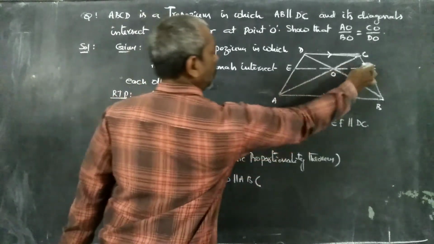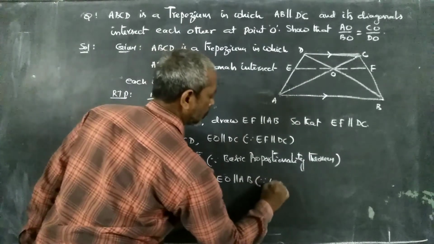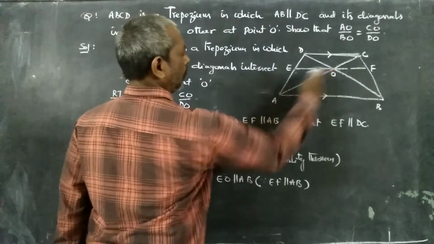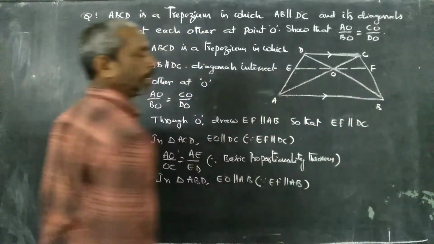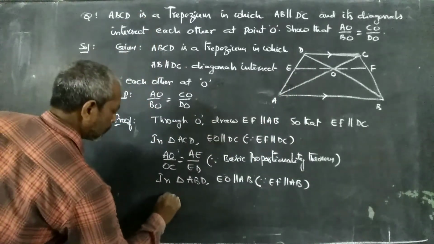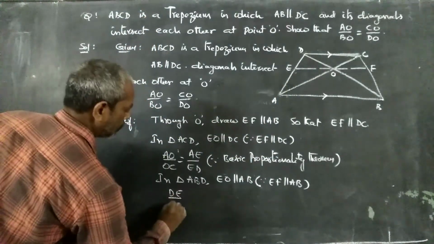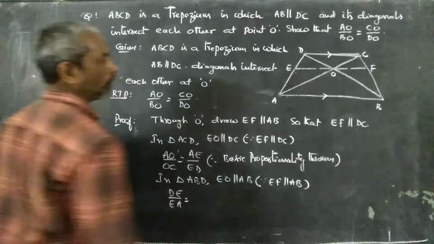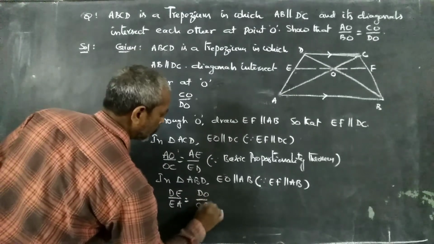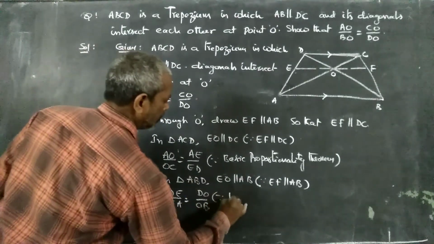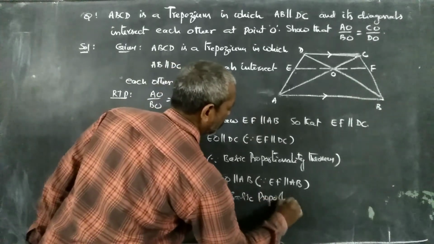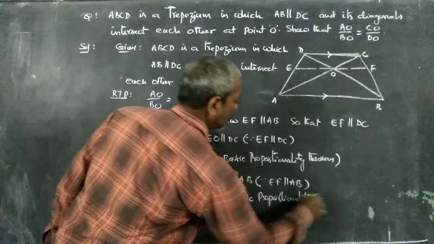Since EF is parallel to AB, therefore EO divides AD and BD in the same ratio, that is DE by AE is equal to DO by OB, since basic proportionality theorem.